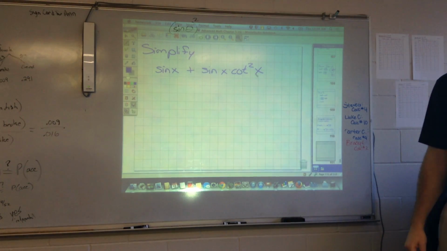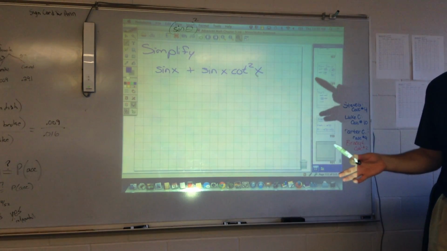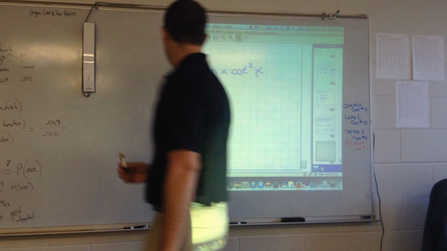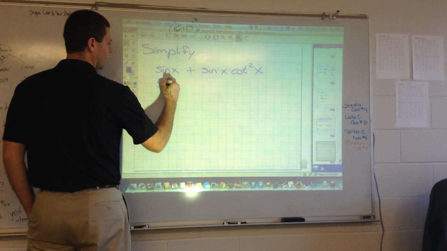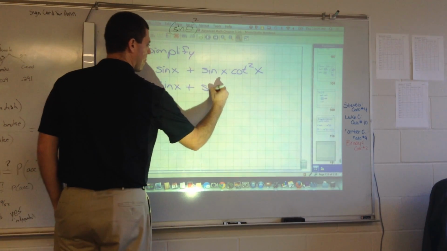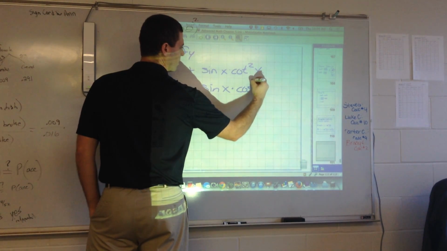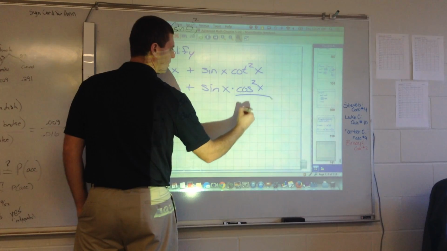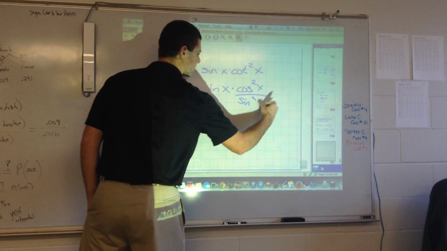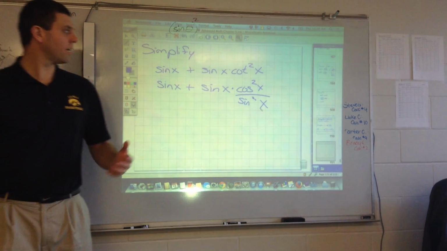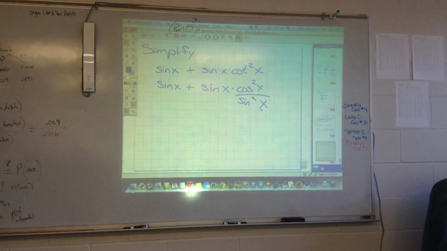Try to write everything in terms of sines and cosines, because then stuff will start to cancel. What is cotangent squared going to be? Cosine squared x over sine squared x. Because cotangent is cosine over sine, right?